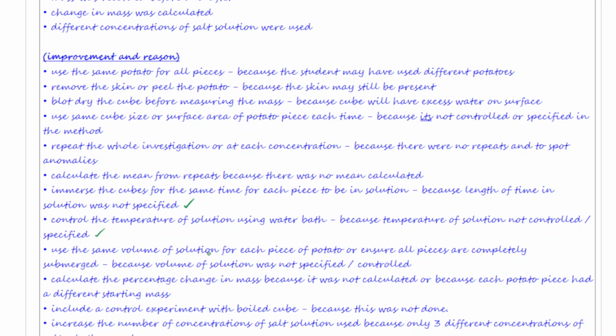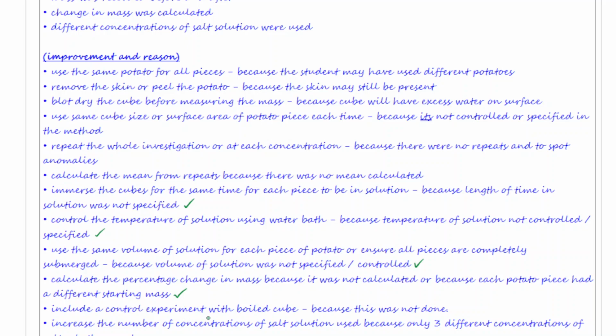Use the same volume of solution for each piece of potato or ensure all pieces are completely submerged, because the volume of solution was not specified or controlled. Calculate the percentage change in mass because it was not calculated, or you could say because each potato piece could have a different starting mass.